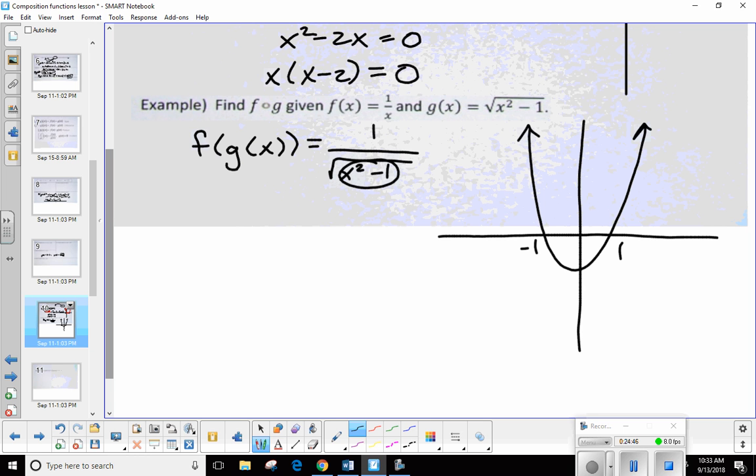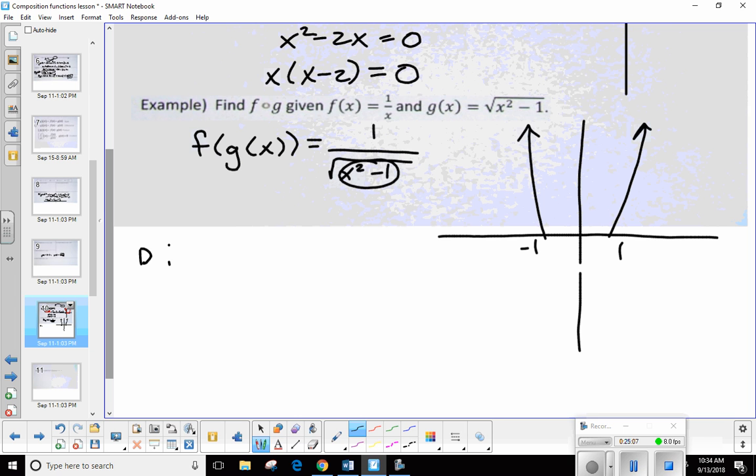Now here's the thing. Again, we only want values of this that are positive. So I need to eliminate any portion of the graph that would result in a negative expression, because we don't want imaginary. Right? So she did say from negative infinity to negative 1 and 1 to infinity.